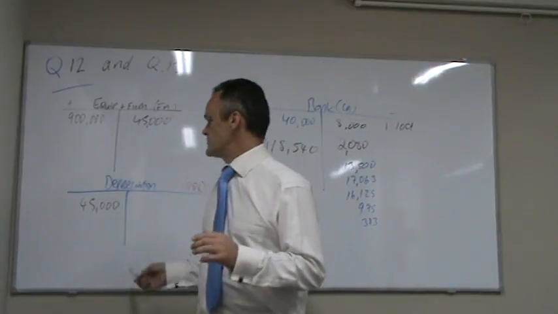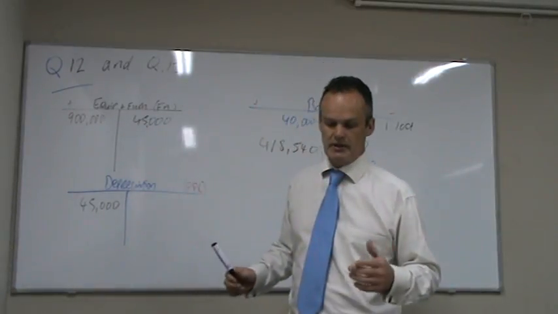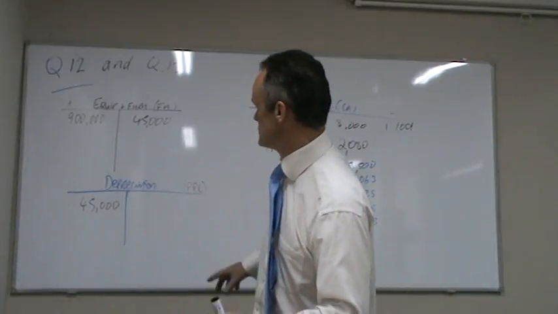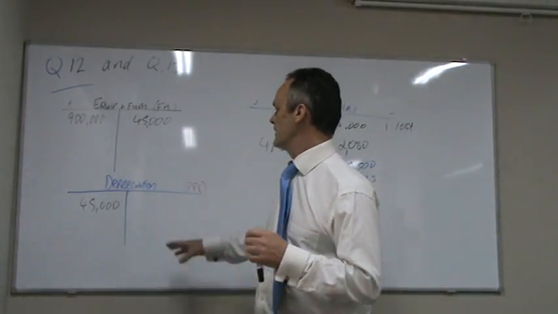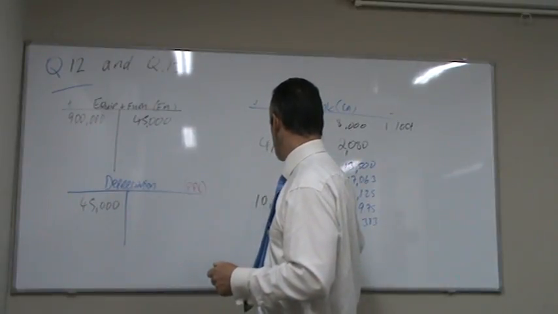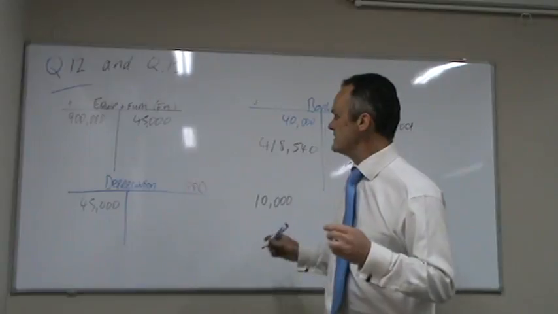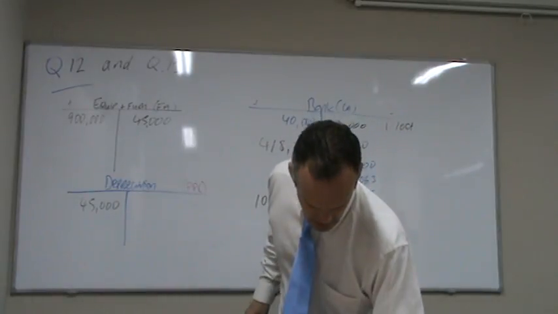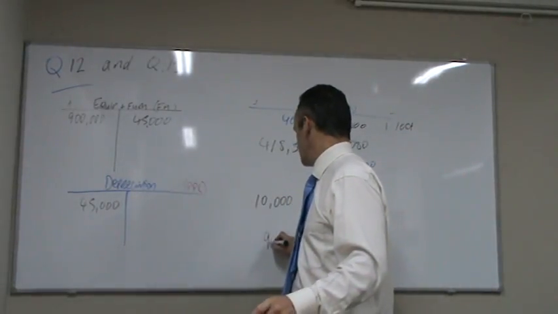So question 13 is reflecting on what happened in question 12. There is depreciation of the asset. So we are saying that equipment and furniture that was bought for 10,000 at the beginning of the year is now sold for 9,000 in cash.